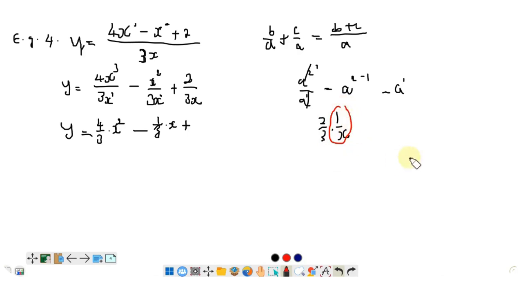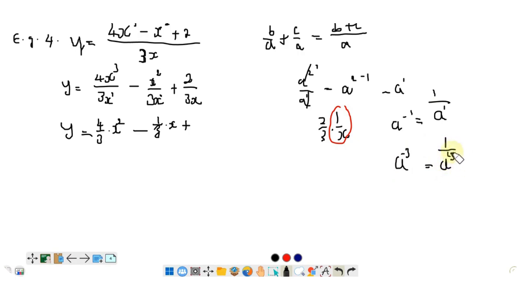From the laws of exponents, we are taught that if you have a to the power negative 1 and you want to write it in positive form, you say 1 over a, and the power becomes positive. If you have a to the power negative 3, the positive form is 1 over a to the power 3.